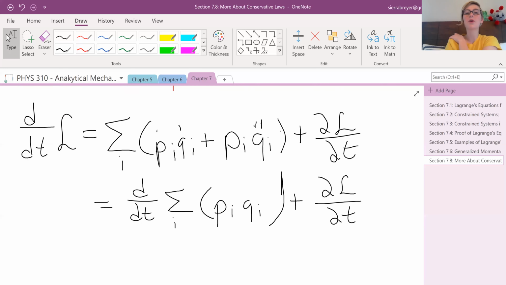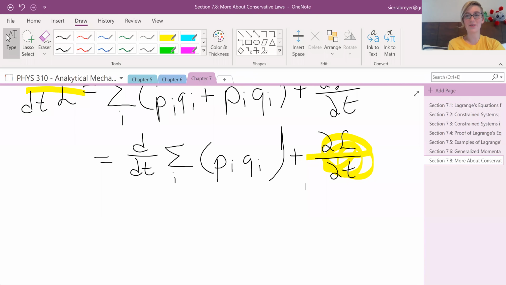This part kind of irritates me because this is the same as this, but they're saying the time derivative is going to be the time derivative plus the time derivative. Honestly, it's really annoying to me, but we're going to accept it because it worked out for them in the end.